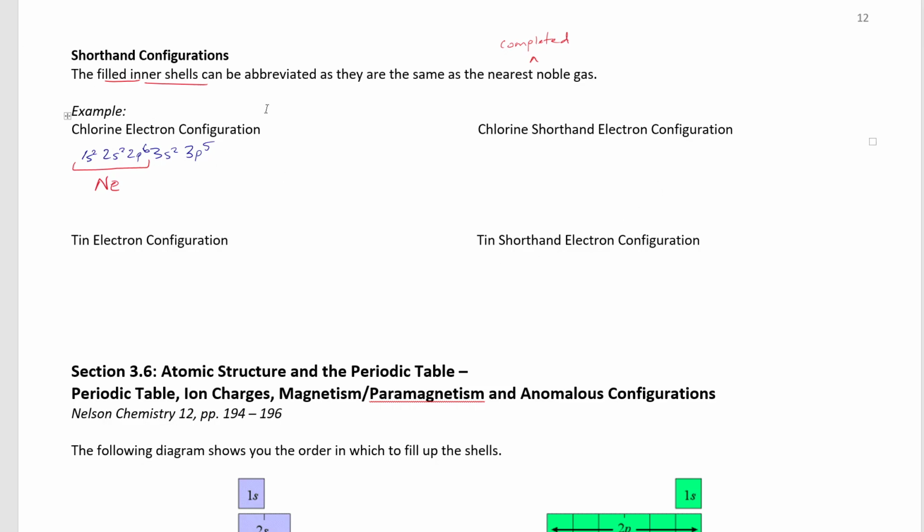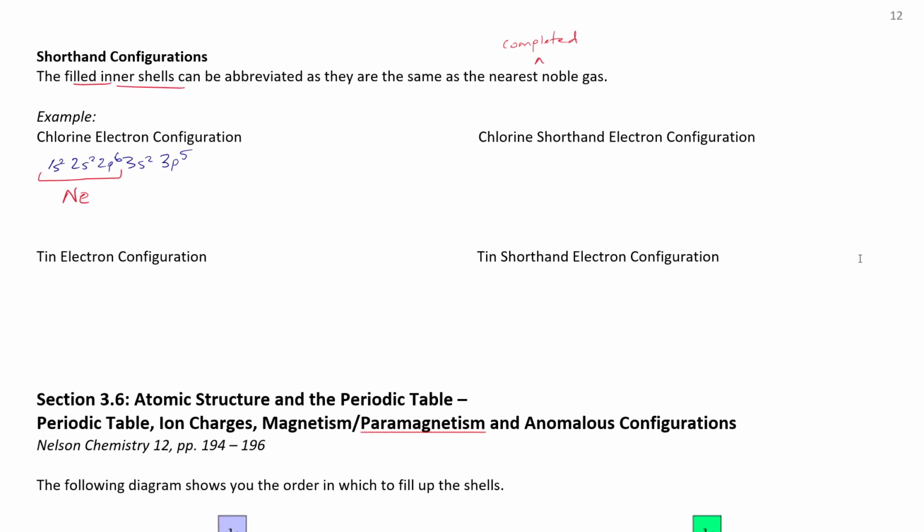So we would write the chlorine shorthand electron configuration as follows. We do the inner shell for neon, so we'd write neon right there, and then we would just write 3s2, 3p5. And that saves us the trouble of writing all these filled inner shells.